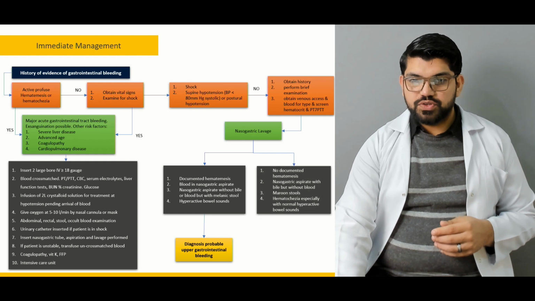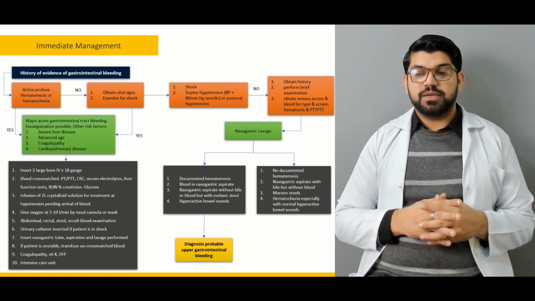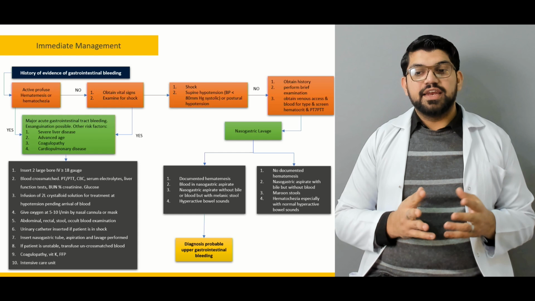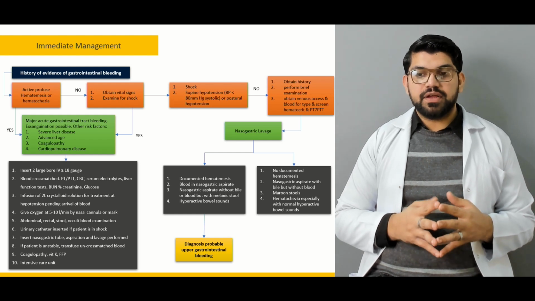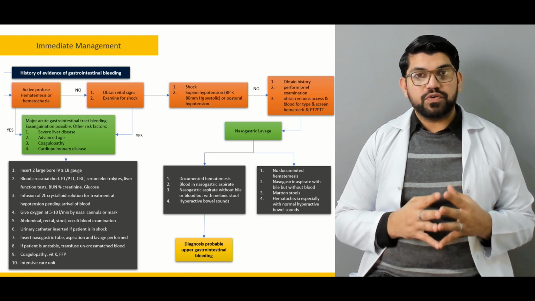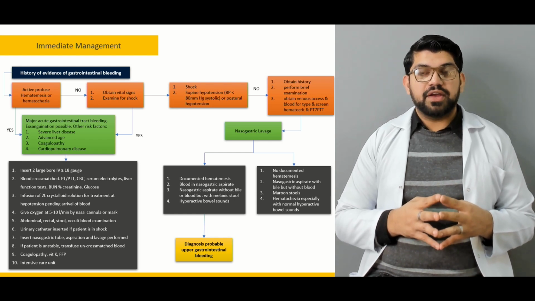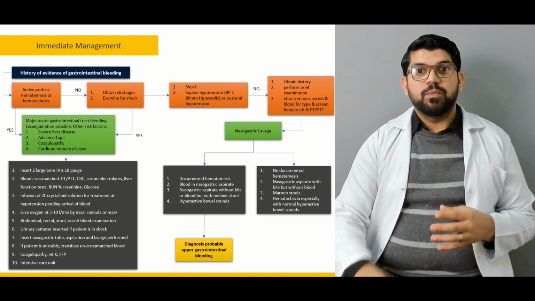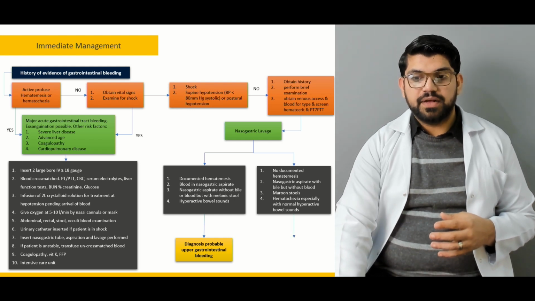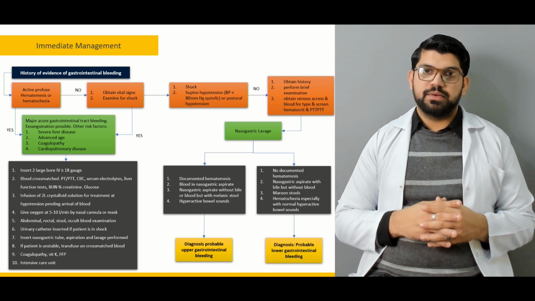But in nasogastric lavage, if there is no documented hematemesis, nasogastric aspirate without blood, and there is maroon or fresh red rectal bleeding, hematochezia with normal or hyperactive bowel sounds, think of lower GI bleed.